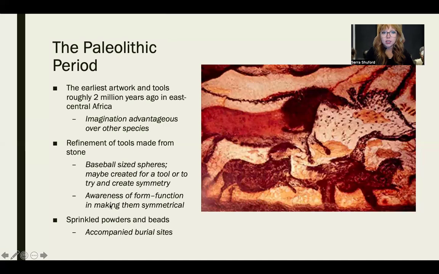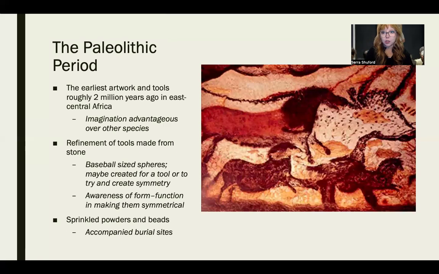Our first examples that we see all these millions of years ago, we see these baseball-sized spheres that were maybe created for a tool or trying to create this idea of symmetry. We don't really know exactly. We don't have language or writing from that point in history to really understand it.